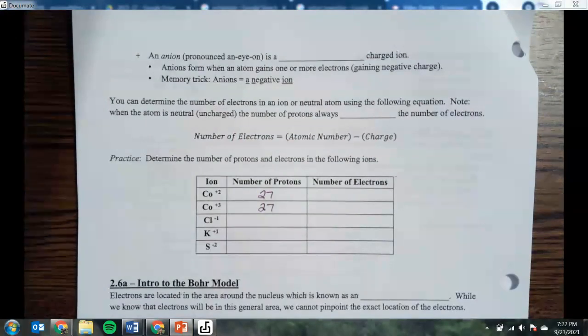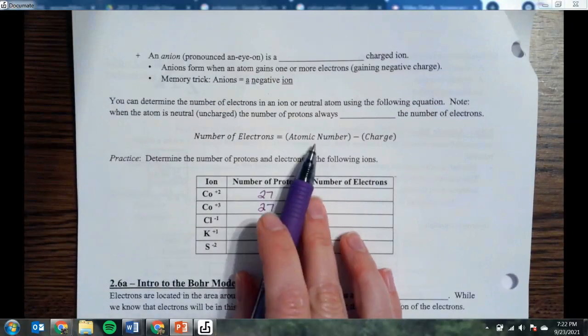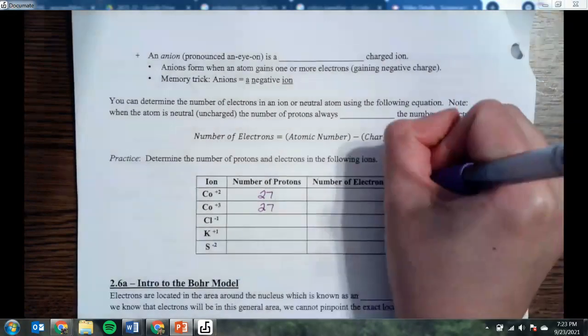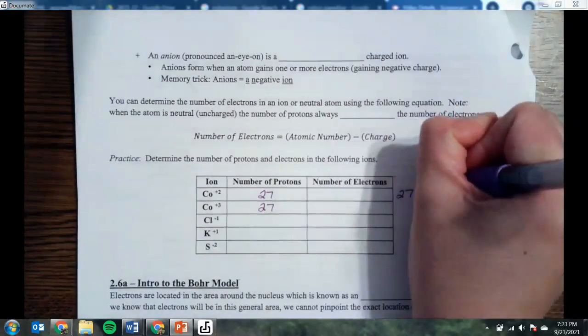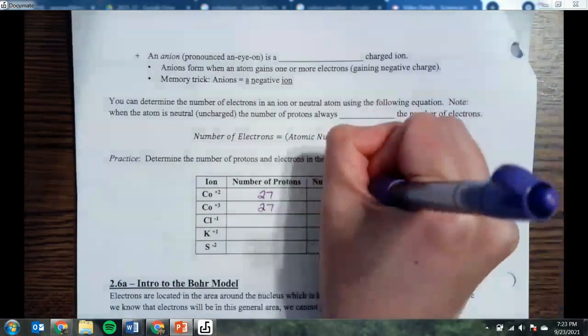So now I'm going to find the number of electrons in cobalt plus 2. In order to calculate this, I'm going to take the atomic number, which in this case is 27, and I'm going to subtract the charge, which is plus 2. So 27 minus a positive 2 gives me 25.